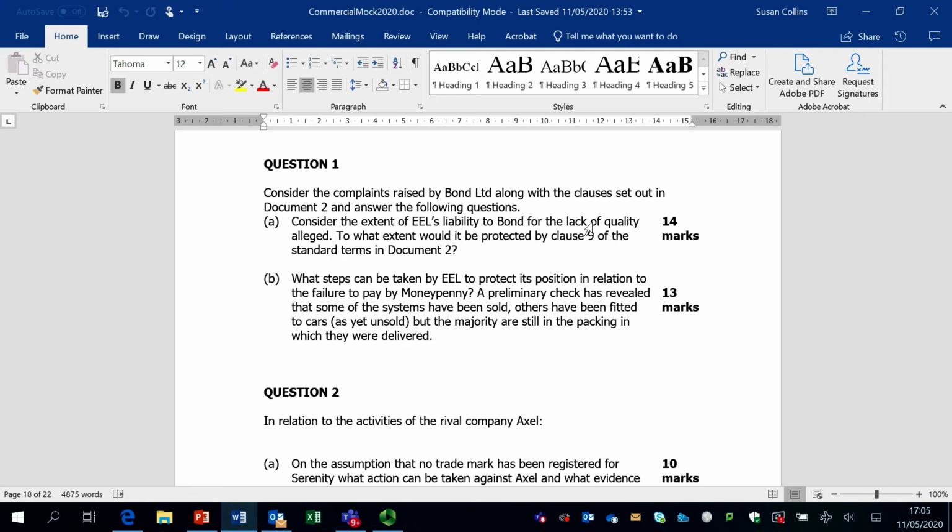So we may want to refer back to clause 9 in a minute when we're answering this question, but first of all, just to clarify, as I said, I'm going to give feedback in relation to each of these questions.